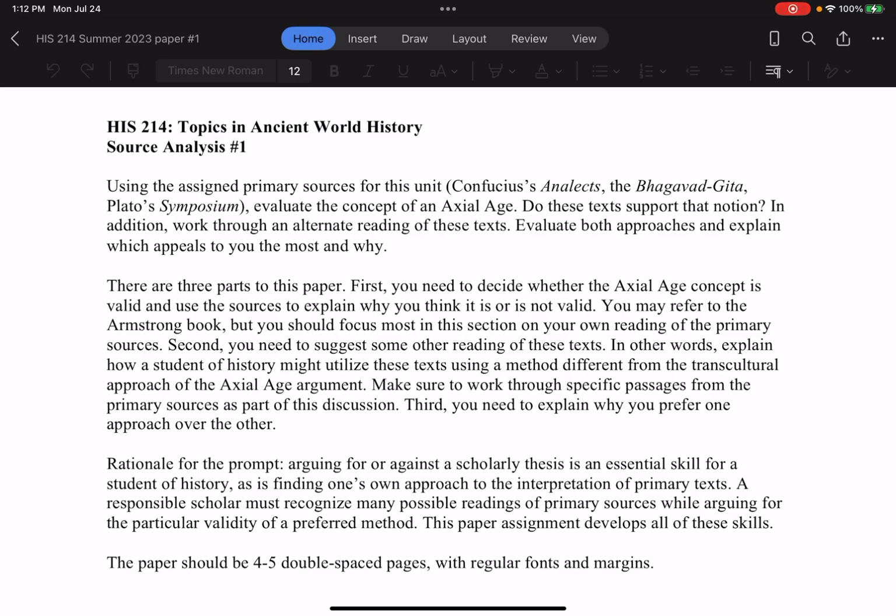Maybe they link up with this notion of an axial age as well, but we can learn a great deal about China in the 6th and 5th centuries BCE by reading Confucius's works. And it's the same with the Bhagavad Gita, right? For the late first millennium, the dating of the Bhagavad Gita is a difficult thing, but late first millennium India, maybe between the Mauryan dynasty and the Gupta Empire, when there were a number of competing kingdoms in the Indian subcontinent.